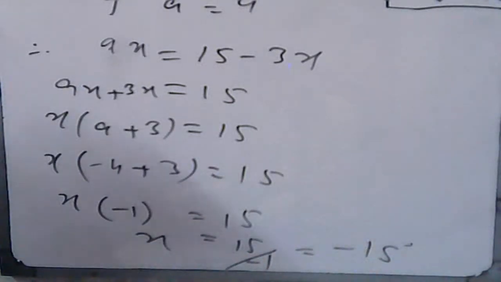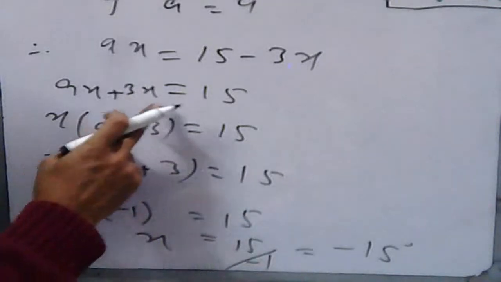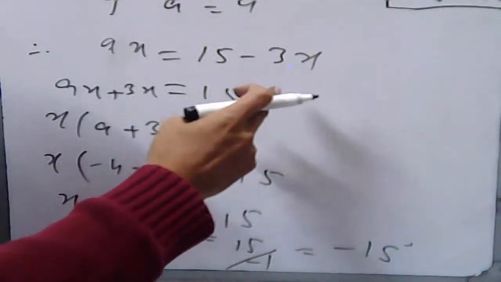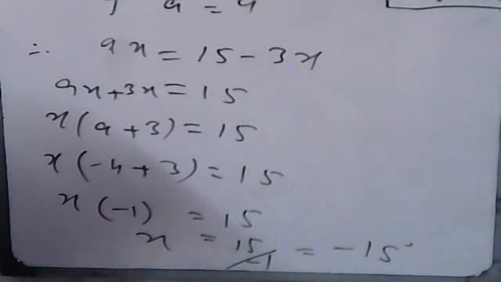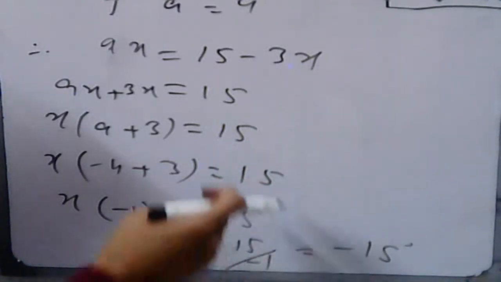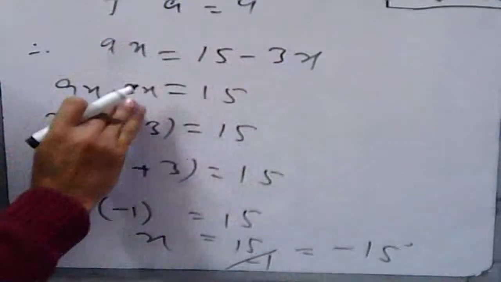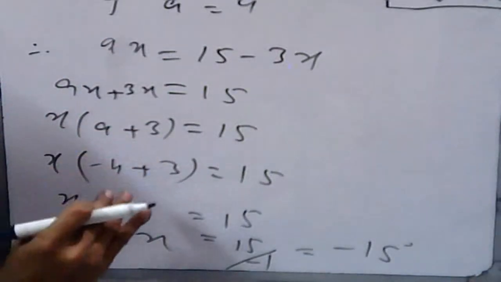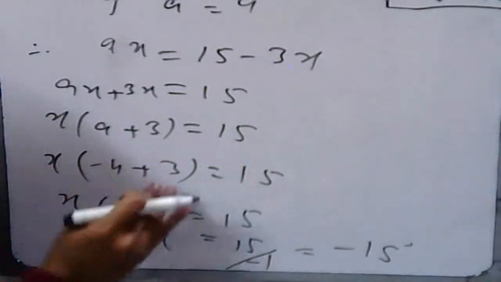Once again you can check carefully whenever you have been given minus 3x. After shifting to one side you can see it becomes positive. You take common x times a plus 3, so minus 1, giving minus 15.